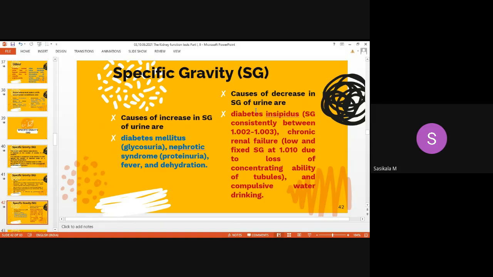The causes of decrease of SG of urine are diabetes insipidus, whereas diabetes mellitus only increases it, diabetes insipidus decreases specific gravity to between 1.002 and 1.003. Also chronic renal failure, with low and fixed SG at 1.010 due to loss of concentrating ability of tubules, and compulsive water drinking, which represents overhydration, will also decrease specific gravity of urine.